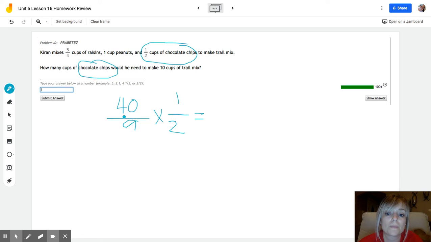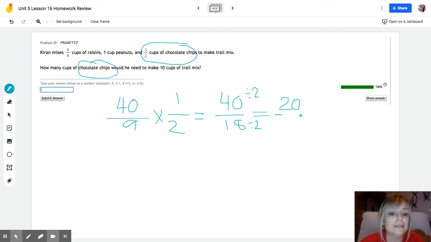Multiplying it across, 40 times 1 is 40, and 9 times 2 is 18. Which, of course, can be reduced because 40 can be divided by 2, and 18 can be divided by 2. So the final answer that you're left with is 20/9, which is the answer that the computer accepted.